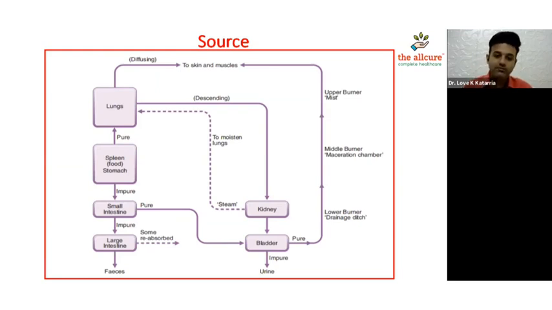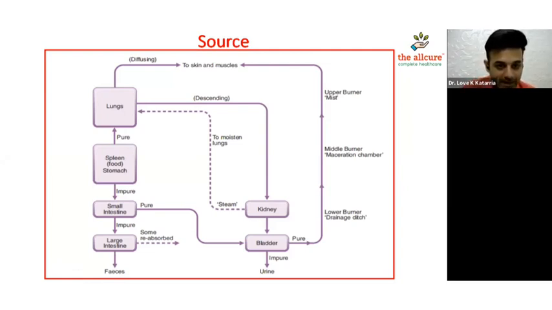That's why some part of that pure fluid is sent like a stream towards the lungs by the kidneys. Then the impure part of the body fluids from the kidneys moves towards the urinary bladder. We'll see it later.